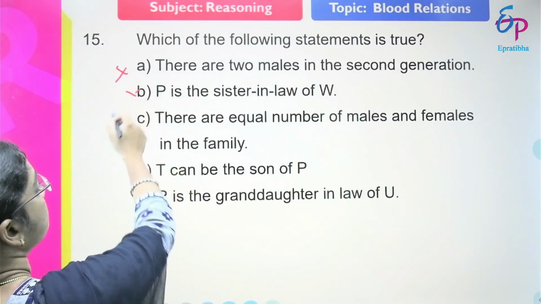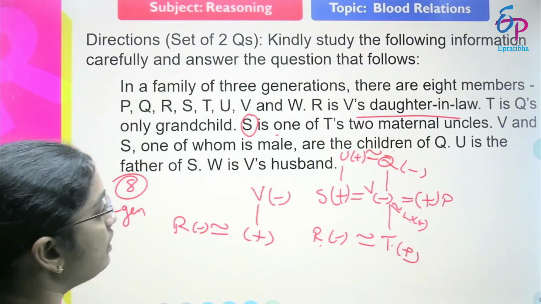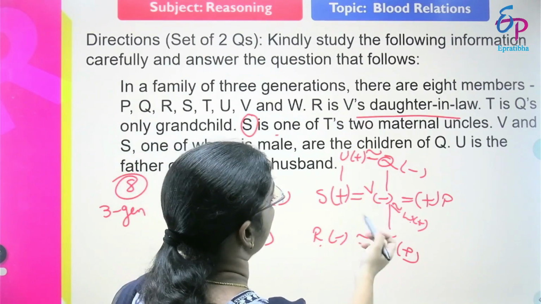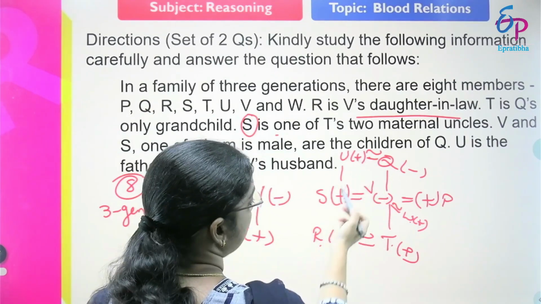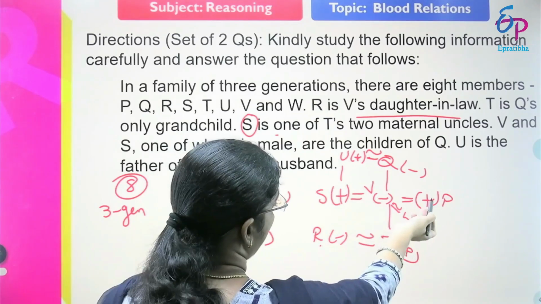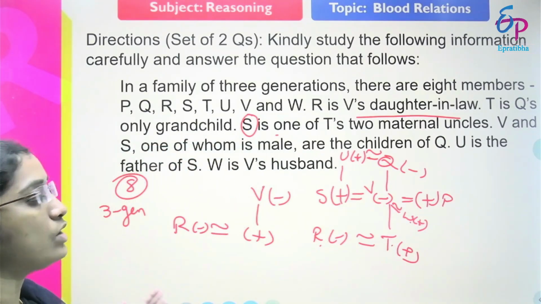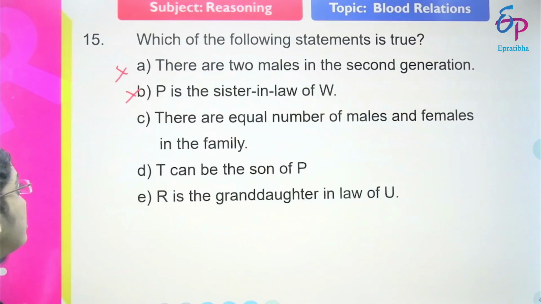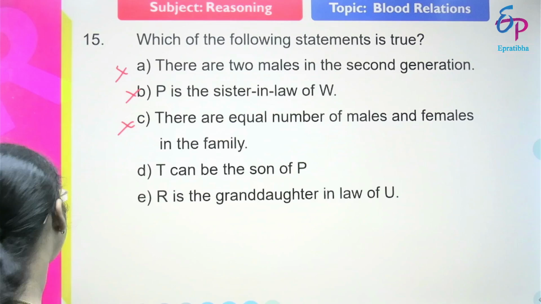That is also wrong. Then, there are equal numbers of males and females. We need to check the number of males and females out of 8. First the males: 1 2 3 4 5. 5 males means definitely 3 females, friends, out of 8. That is also a wrong option. Option C: T can be the son of P, right?